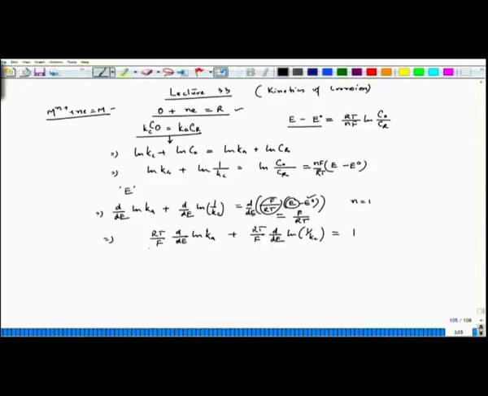Now, this quantity is called alpha, which is the cathodic or reductive symmetry factor. And this we can term alpha prime, which is the oxidative symmetry factor.